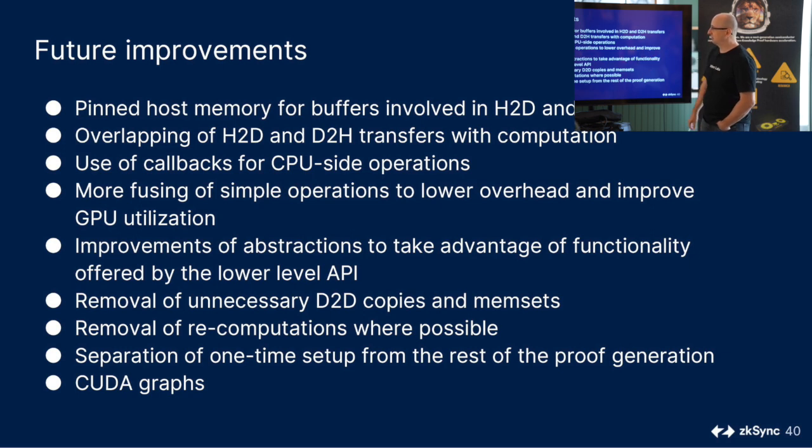Then we want to improve our abstractions, because the abstractions we have now are not always, or let me put it this way, the goal should be for an abstraction to be equally performant as the lower level. But it's not always the case. Sometimes we have abstractions which introduce some degradation in performance, so we want to get rid of that.